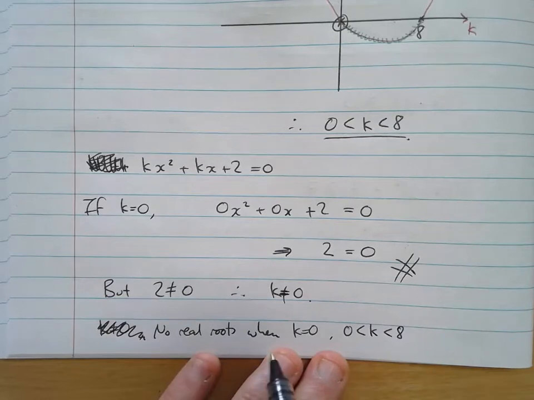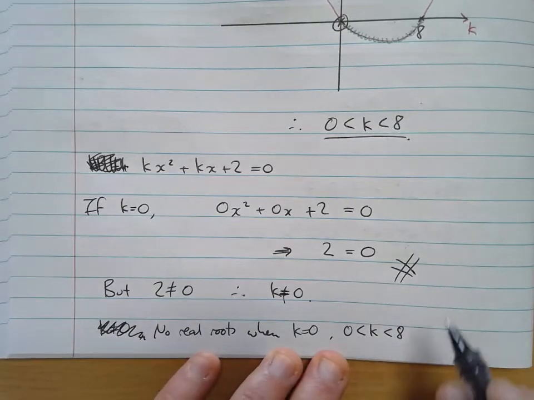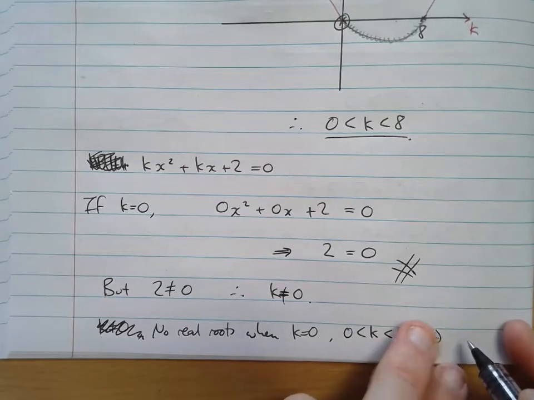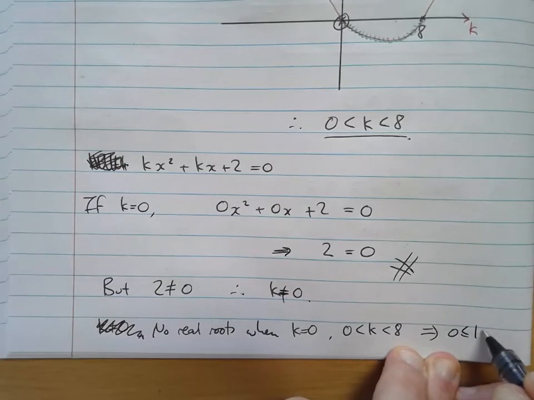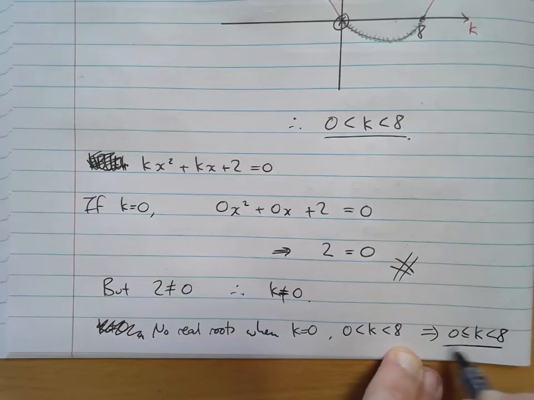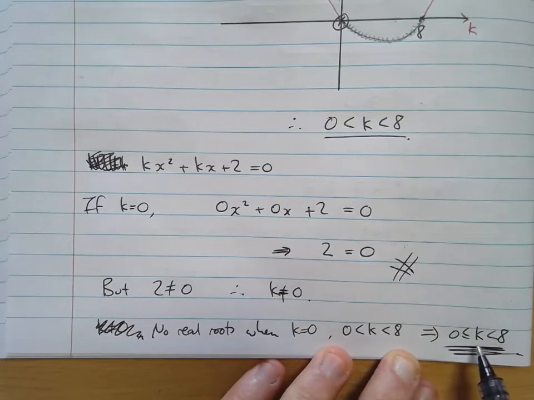So no real roots when k equals 0, or when k is between 0 and 8 means that there's no real roots when k is greater than or equal to 0 and less than 8. That's required.